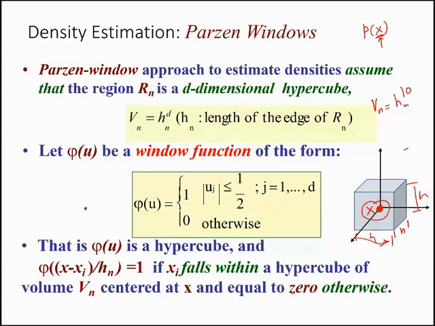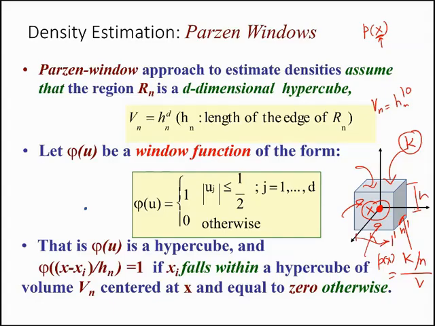And what we are now going to do is count how many samples, out of the given n samples, fall into this bin. Okay, so say the number of points is k. Knowing this, k divided by n divided by the volume of this will give me the estimate of the probability. That is the simple technique.